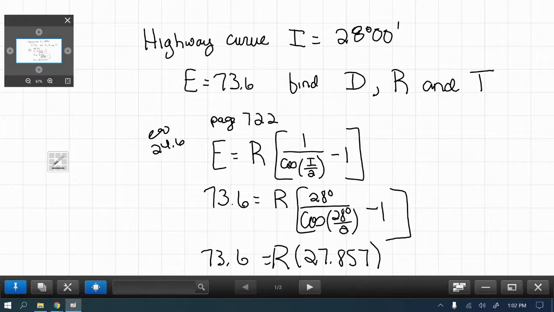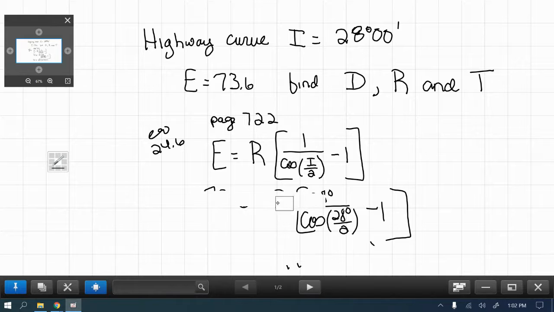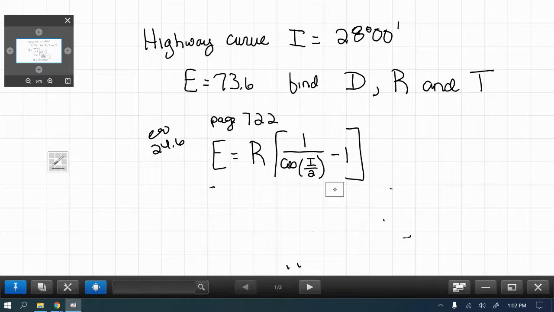I definitely got mine wrong. This is what I did wrong. Let me make sure I got my formula written right. E is equal to R. I bet I know what I did.